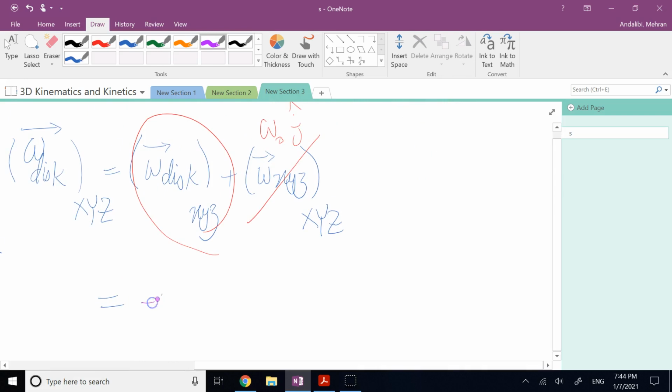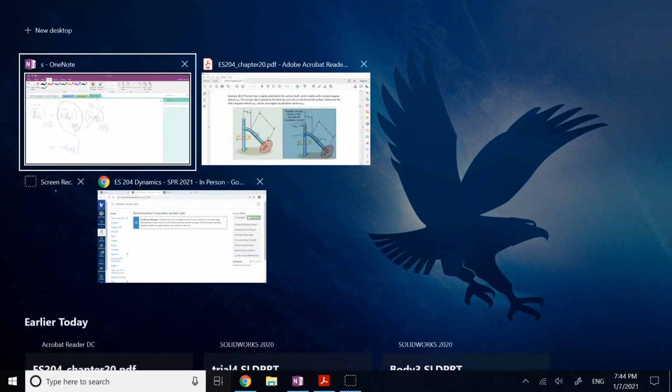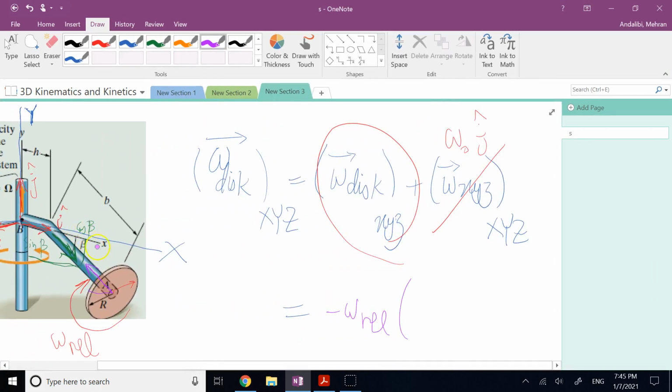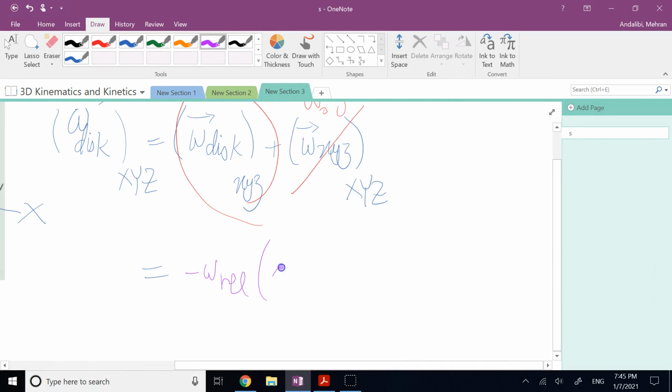So there are two ways I can write it, but again, it doesn't matter. So it's going to be negative omega relative times this unit vector in green, which was cosine beta i negative sine beta j, and then plus omega naught j.